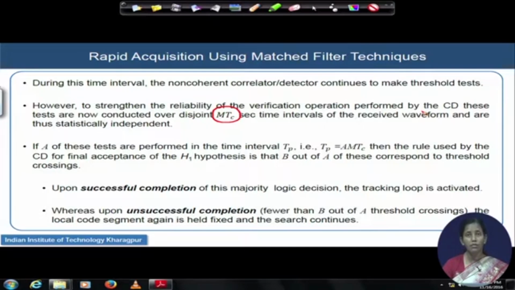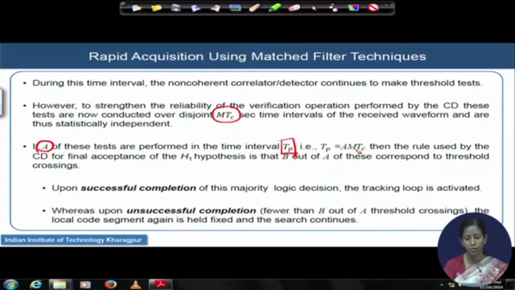And how is this CD working? CD works in this way. Suppose out of the A tests that we are performing over the time interval TP, A times the tests are run over the interval TP, so TP is nothing but m times TC multiplied by A, the number of tests you run.